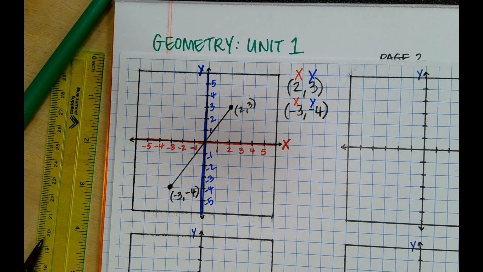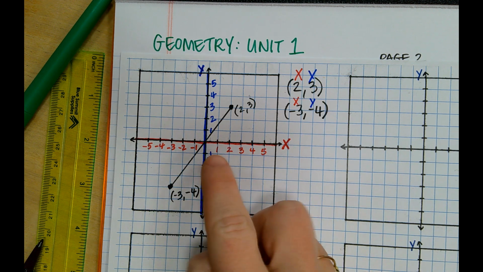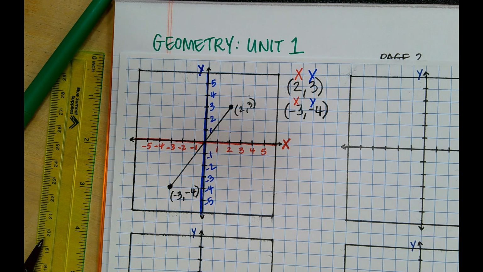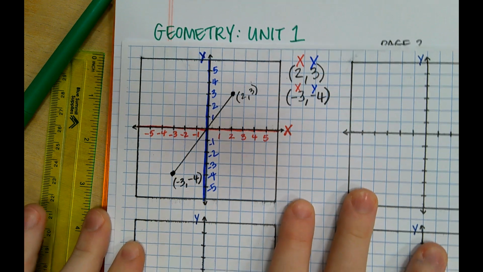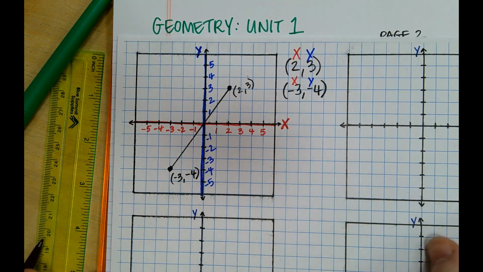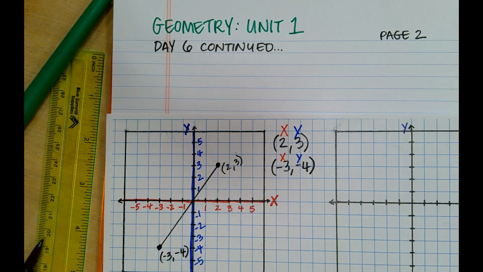So let's say we wanted to figure out where the middle of this line was. We could construct a perpendicular bisector, absolutely. But let's say we don't have a compass. All we have is these points and a graph and a calculator. I'm going to show you a new thing today. Here's what we're going to put in our notes.